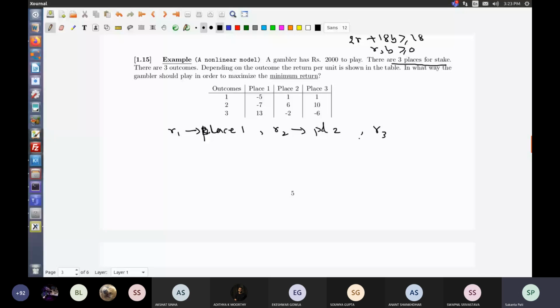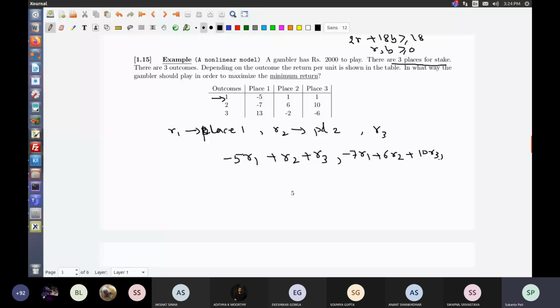Now, what happens if the outcome is 1? If the outcome is 1, then his return will be minus 5 R1 plus R2 plus R3. If the outcome is 2, then his return would be minus 7 R1 plus 6 R2 plus 10 R3.